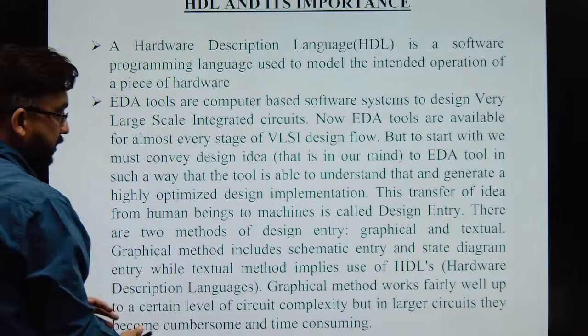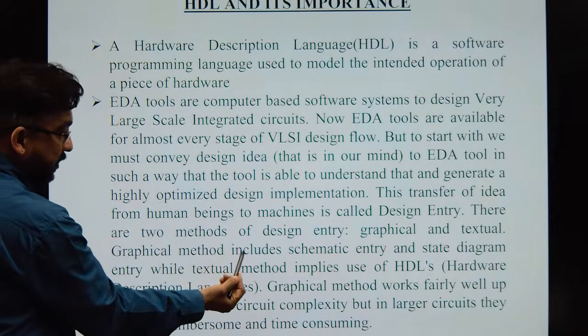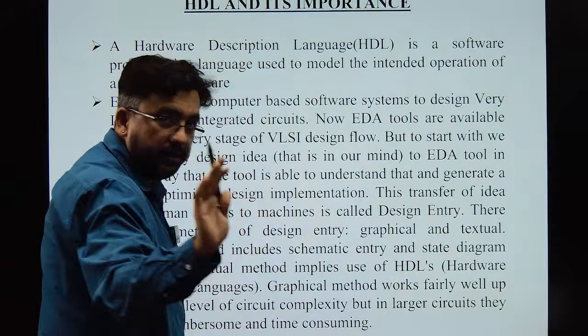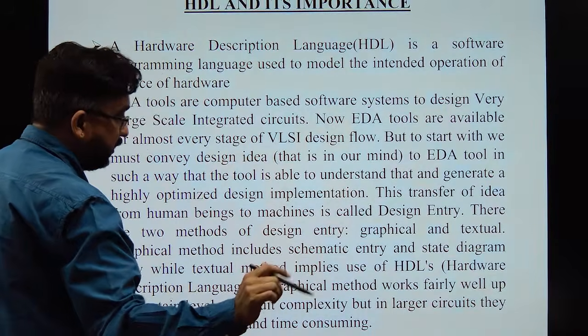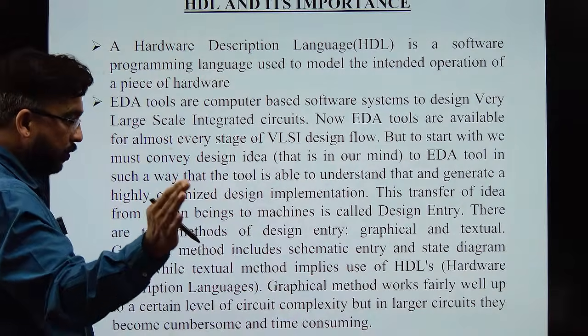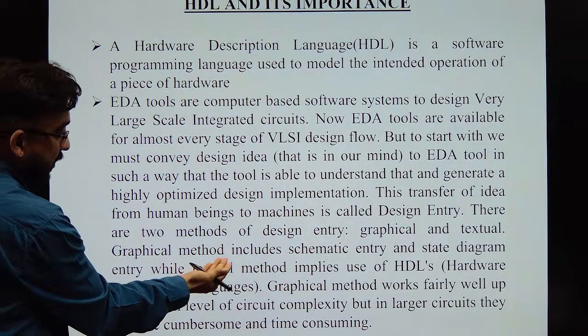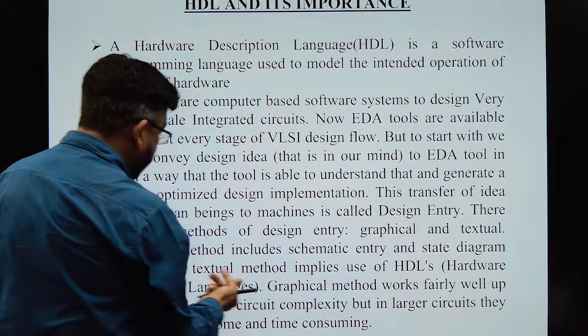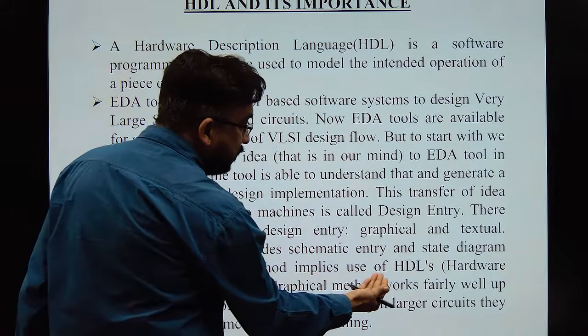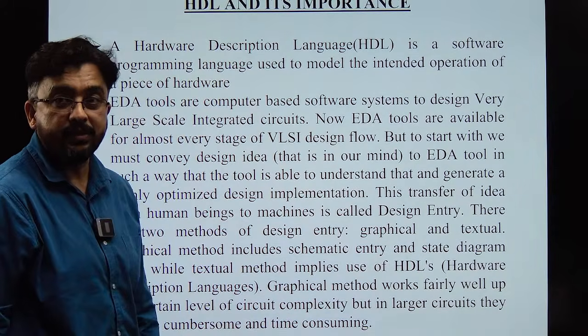See, it is mentioned here. There are two methods of design entry. One is graphical, schematic form, and one is textual coding. The graphical method includes schematic entry and state diagram, and the textual method implies use of HDL, hardware description language.